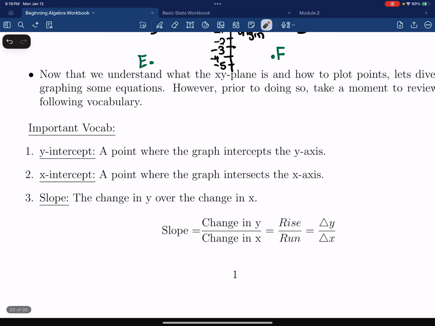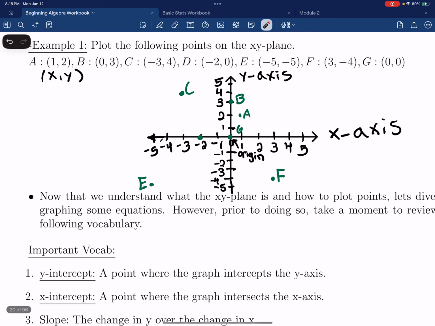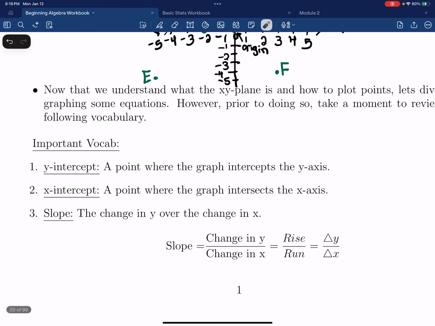And then we have the x-intercept, which is a point in the graph that intercepts the x-axis. So using that same imaginary line that I'm drawing here, the x-intercept would be here, the point where it crosses through the x-axis. And then with linear equations, we also have something called slope. The slope is the change in y over the change in x.